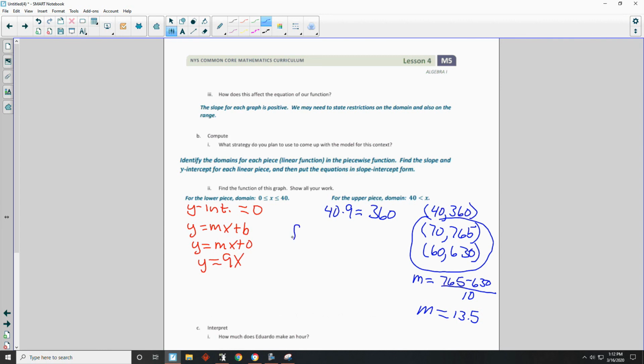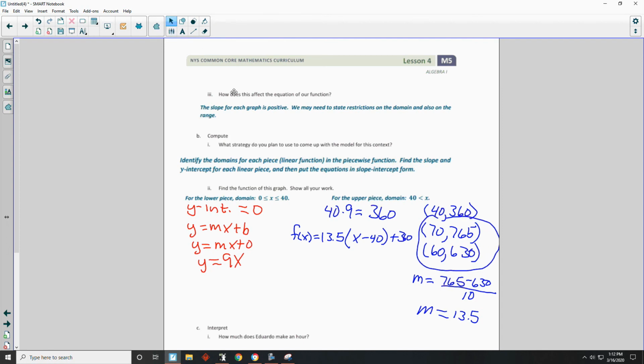We can call the function f of x, and that equals, we know the slope now is 13.5, and we had shifted x 40 units to the right, so that's minus 40. Remember, it's opposite when it's inside parentheses. And then plus our value at that 40, which was 360. That's our y value, 360. Sorry for cramping this up. Let me move this a little.